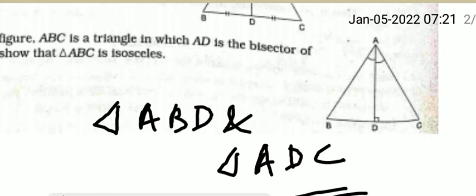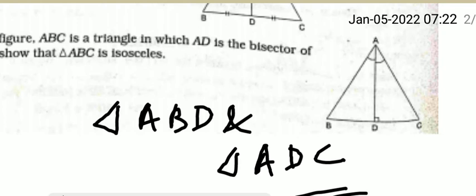You write from triangle ABD and triangle ADC. Here given, you get angle ADB equal to angle ADC. Why? Because AD is the perpendicular to BC. You have to write the reason also on the right hand side. Okay.